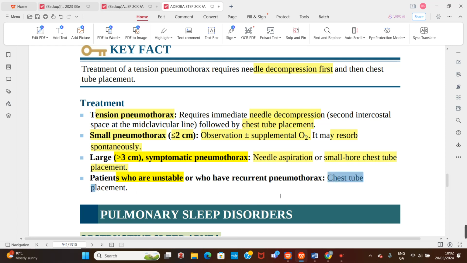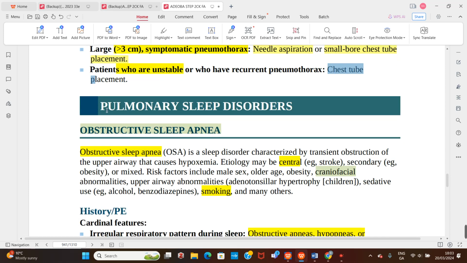People that have tension pneumothorax are going to be unstable, so they are definitely going to get a chest tube too. So that's all about the management. Just know that for a small one, less than or equal to 2, you can do observation. That's the only important thing. And for tension pneumothorax, you do needle decompression first before putting your tube.